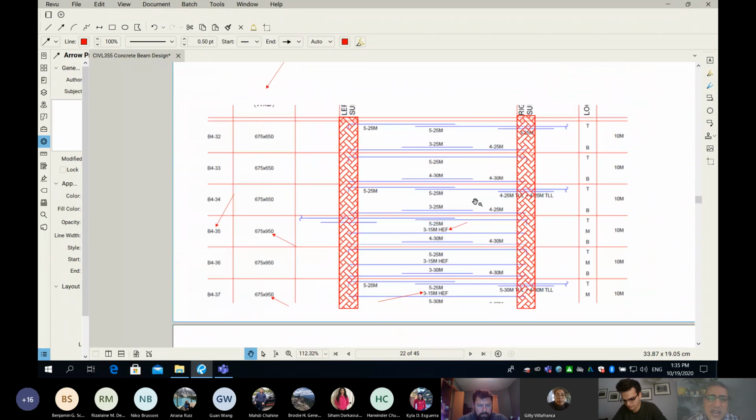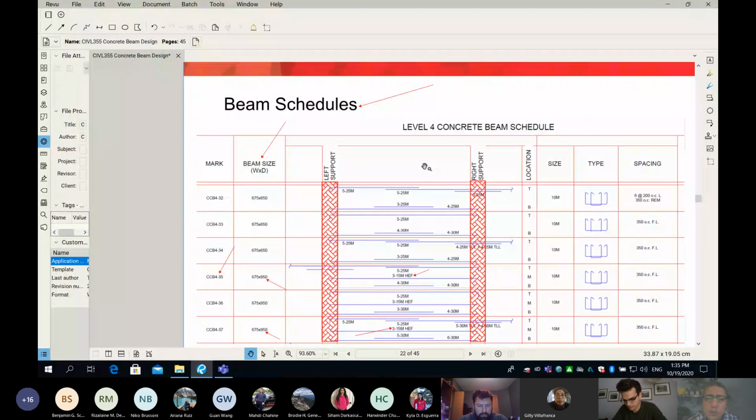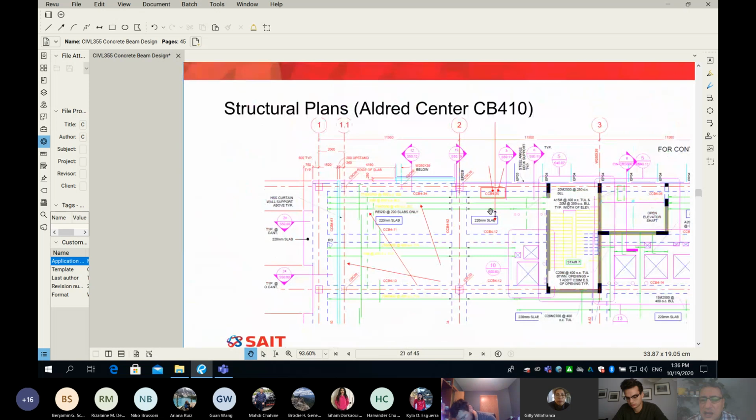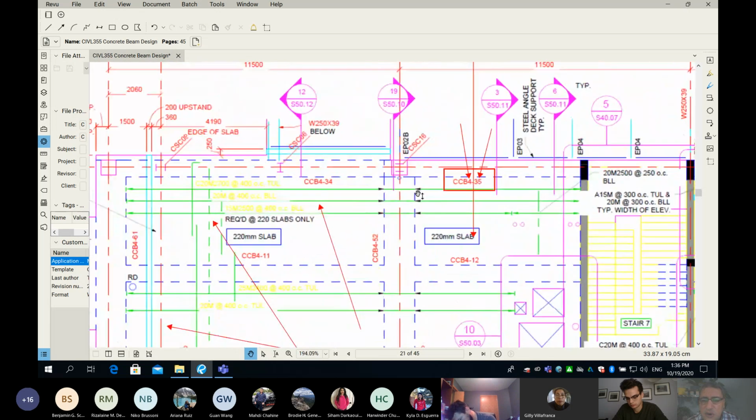By the way, schedules are super handy and very important. Please take this note: schedules are super important. Why? Because simply it prevents confusion and it prevents mistakes, and I will share with you why. I didn't feel it before I did my actual design myself. Guys, if we simply put our reinforcement here on the plan view, that's not a good idea.